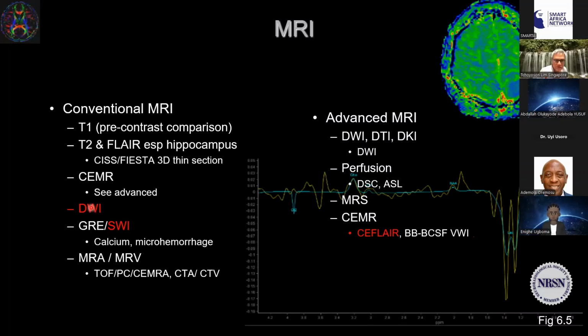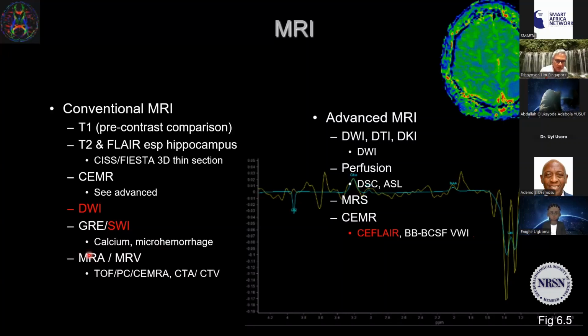Gradient recall echo, and more recently, susceptibility weighted imaging have been very helpful for detecting microhemorrhages and calcium. Although calcium is very, very well described in CT, microhemorrhages are not. Macro, large hematomas can be very easily seen with CT, but small, tiny microhemorrhages are very much better detected using SWI.